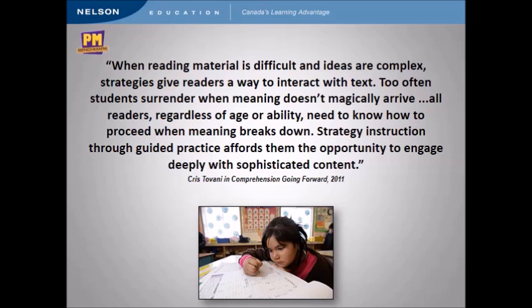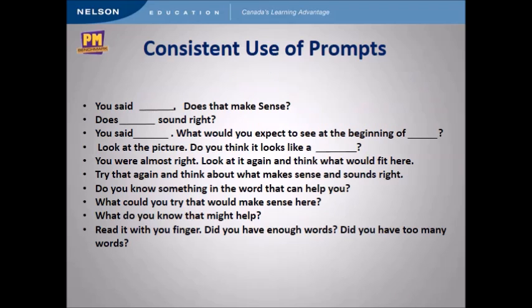So our role as teachers is to provide them with that strategy instruction, so that eventually the student embeds using visual cues, meaning cues, and structural cues to aid them in the decoding as they read. When we're working in small guided reading groups, we want to be teaching the instructional strategies, and we do this through prompting the students. Eventually, we want the students to embed this thinking so they automatically use the cueing systems.